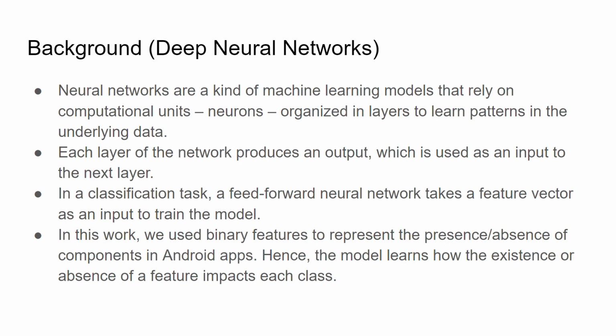In a classification task, a feed-forward neural network takes a feature vector as an input to train the model. In this work, we used binary features to represent the presence or absence of components in the Android apps, such as permissions, API calls, and library usage. Hence, the model learns how the existence or absence of a feature impacts each class.